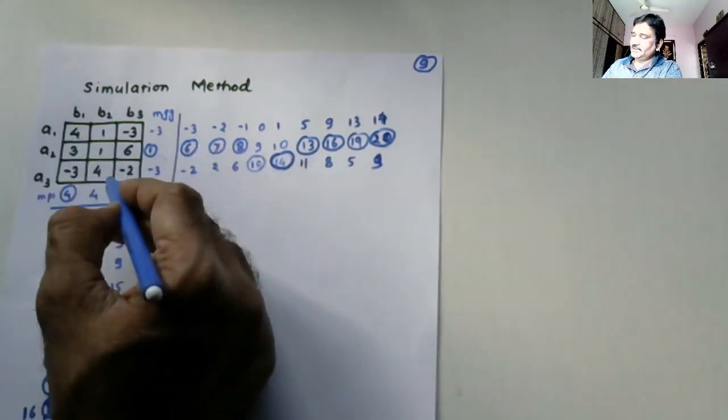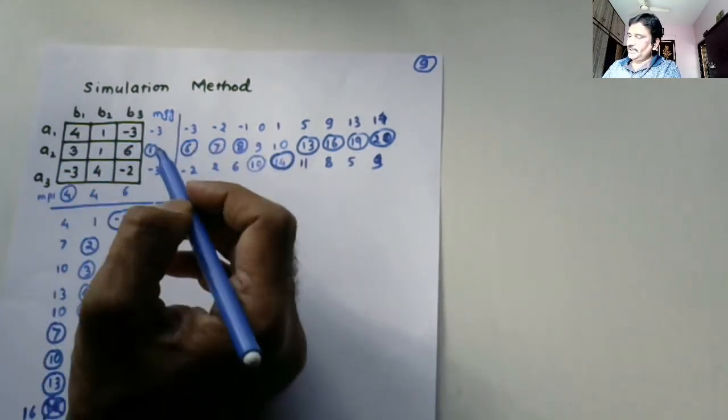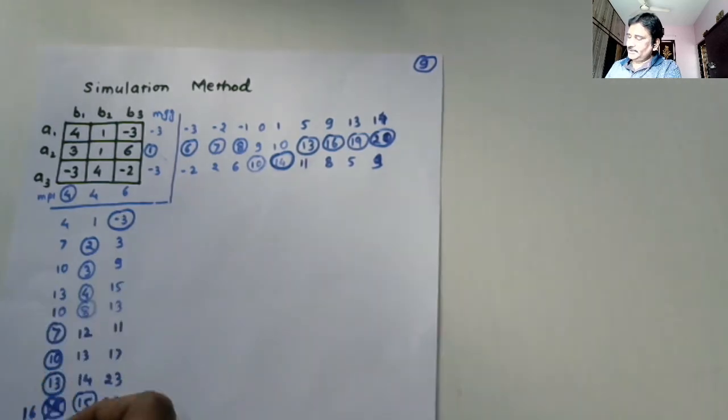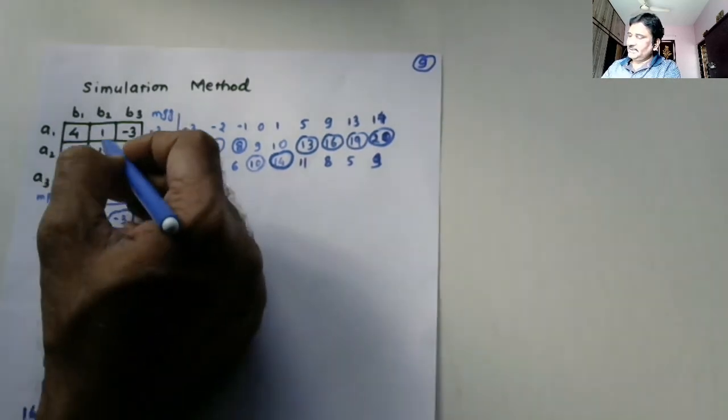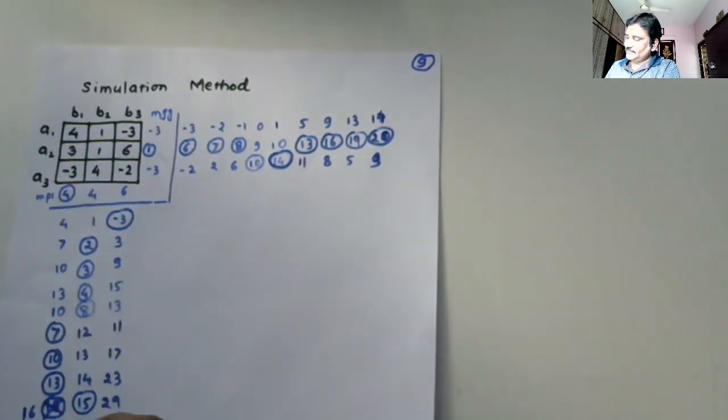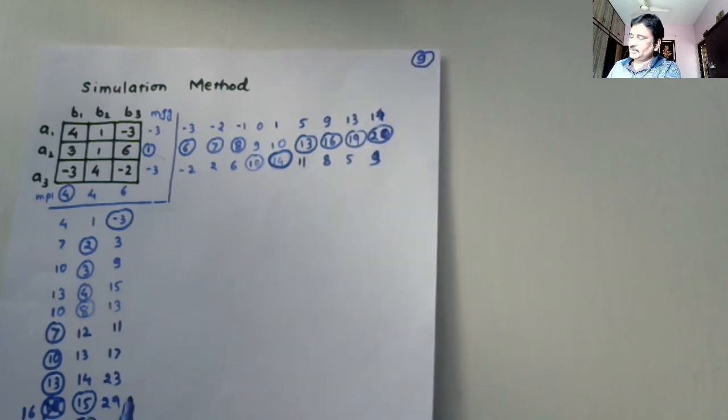All right. And the values which will be added will be 16 plus 3, 19; 15 plus 1, 16; 16 plus 3, 19; 15 plus 1, 16; and 29 plus 6, 35. So this is the minimum.